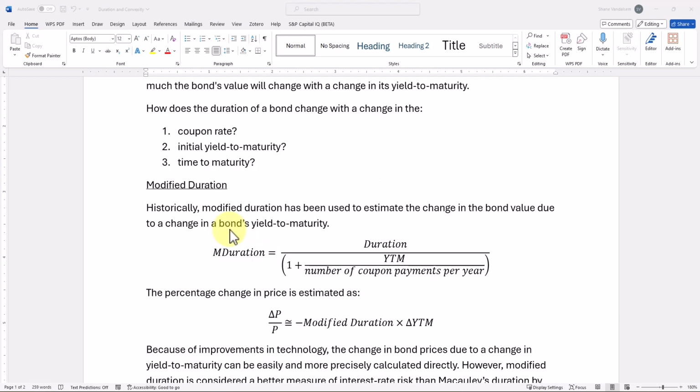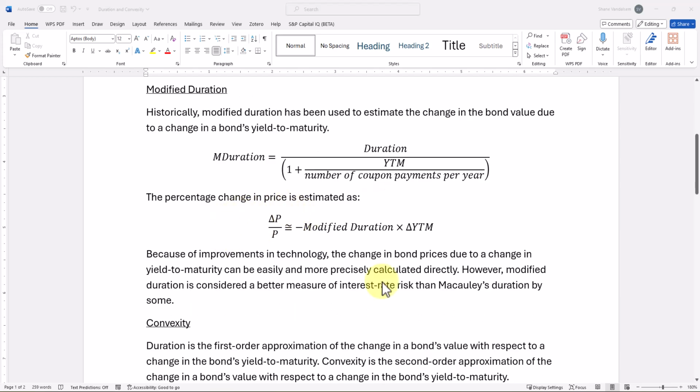Modified duration has historically been used as a way to estimate the change in bond value due to a change in the bond's yield to maturity. The way we calculate it is to take the Macaulay duration that we calculated, divided by 1 plus the yield to maturity divided by the number of coupon payments per year. And then I give you the way to estimate the change in the price here.